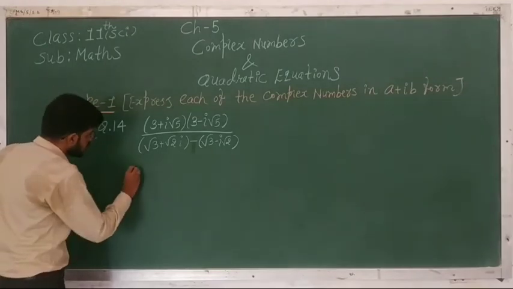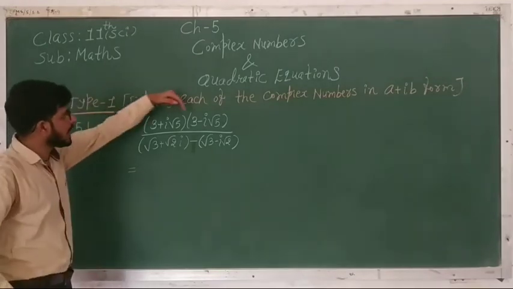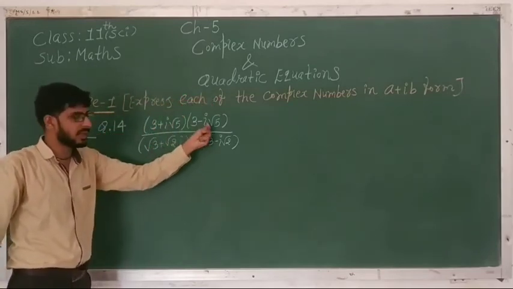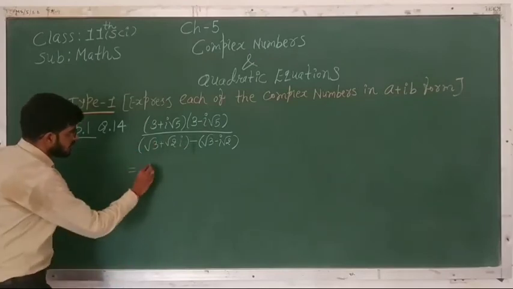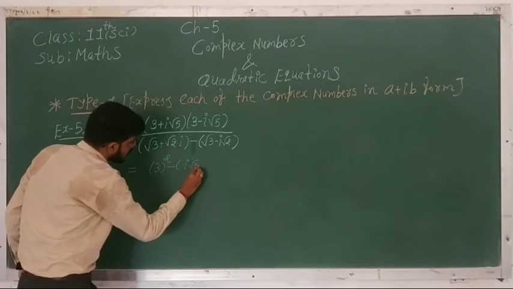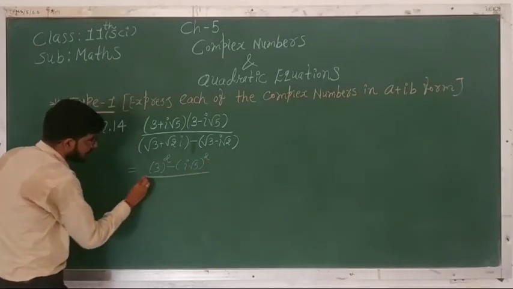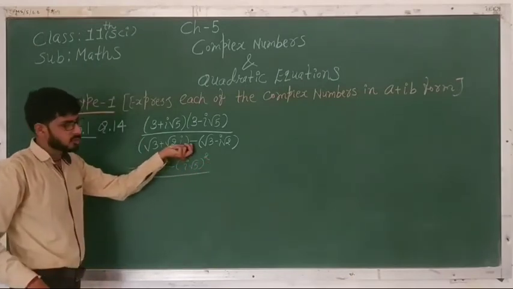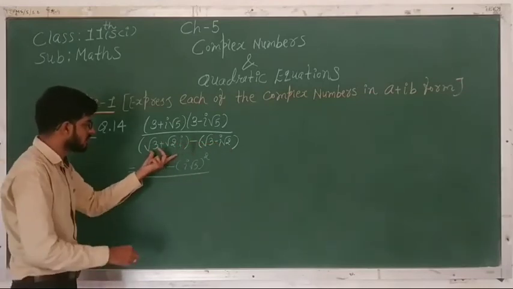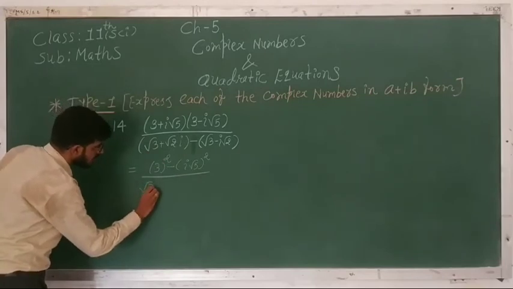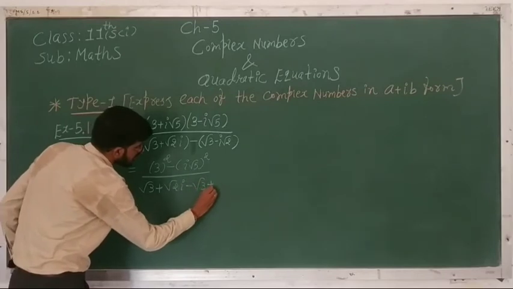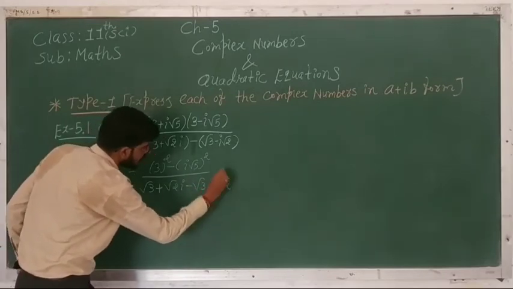Here we have to apply the a plus b, a minus b form, because the value of a and the value of b are the same. So we can write 3 square minus i root 5 square, upon, here we have to open this bracket, so we multiply the minus sign to the last bracket. Don't change the first bracket. So the first bracket as it is, root 3 plus root 2i, minus root 3 minus minus plus i root 2.